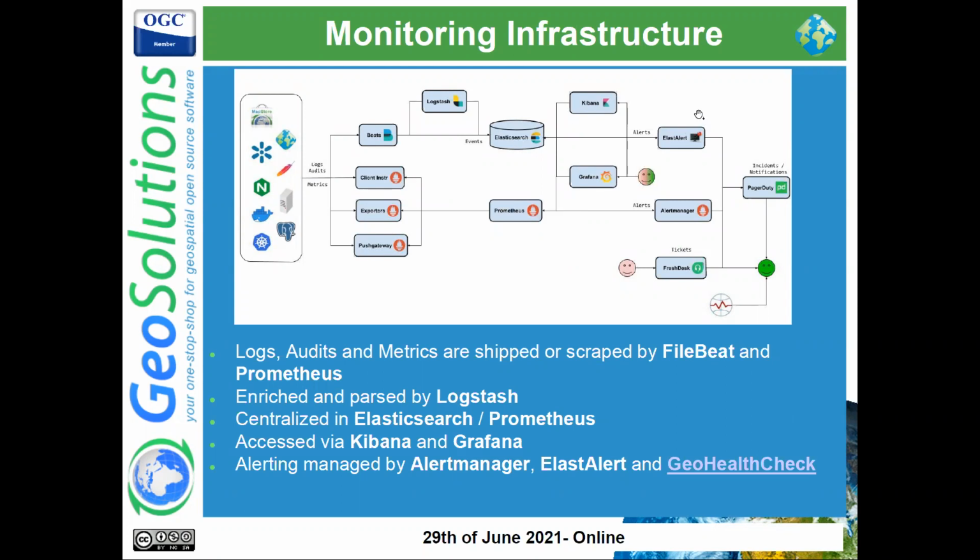On top of this, we have an alerting level, which can come from either the Elastic stack or Prometheus, and it may end up in a DevOps engineer or a system administrator being paged over PagerDuty. We also have, of course, here at the bottom, the GeoHealthCheck that I mentioned previously in the webinar, that is checking the uptime and quality of service of the various OGC services.